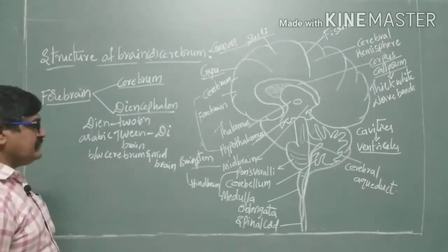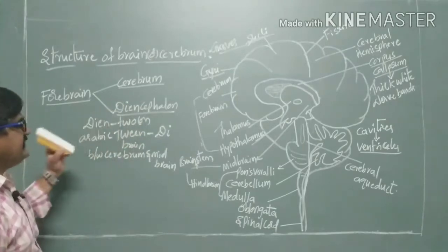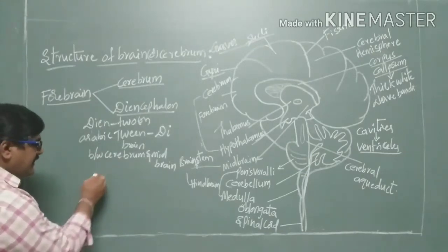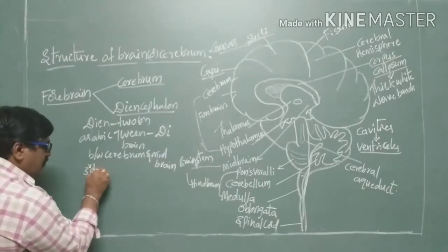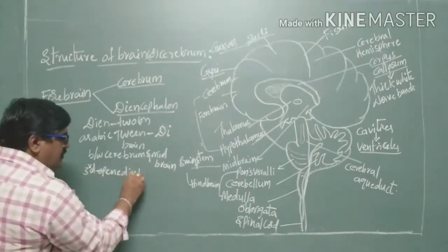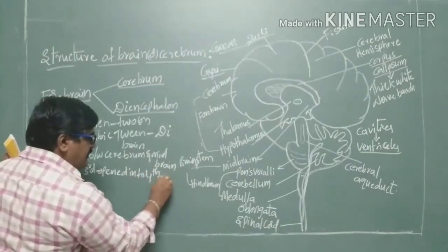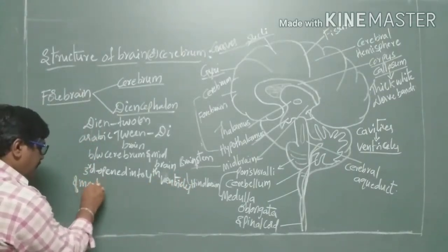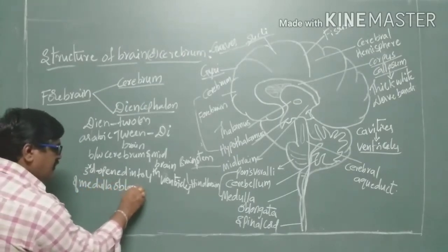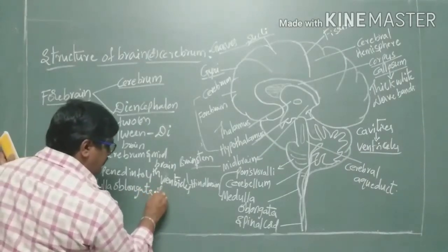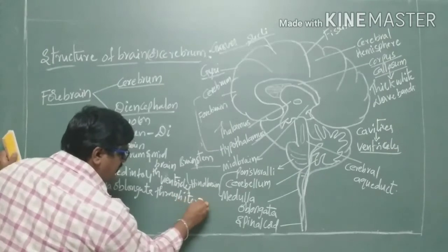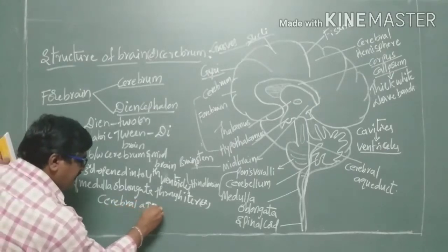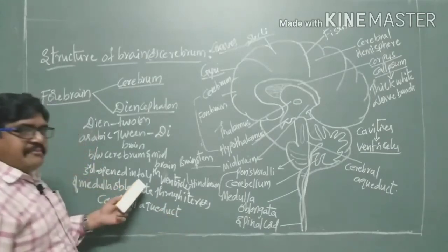Here, the cavity, that is the third ventricle, opens into the fourth ventricle of the medulla oblongata through the aqueduct, otherwise called the cerebral aqueduct, which is present in the midbrain.